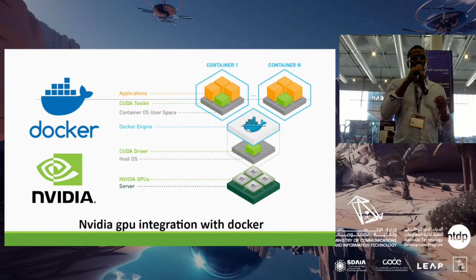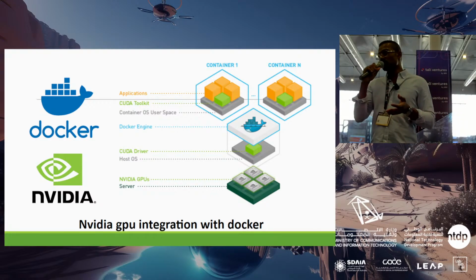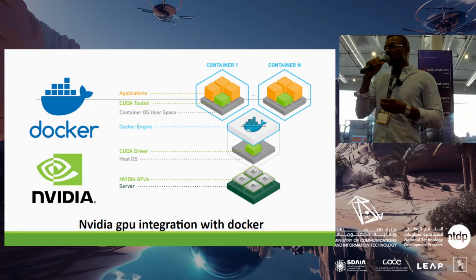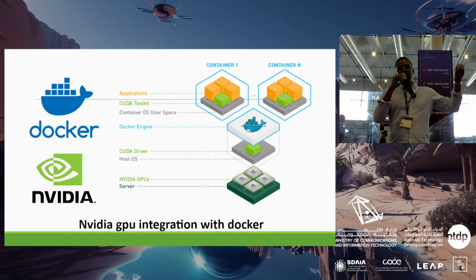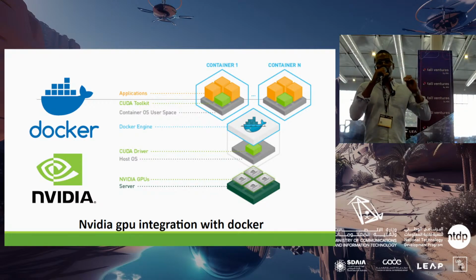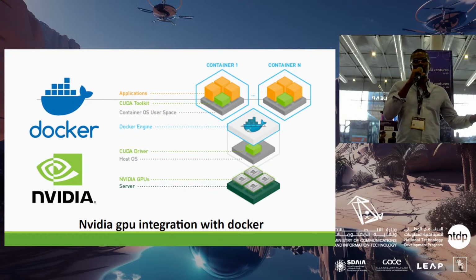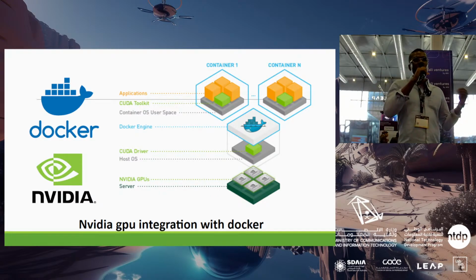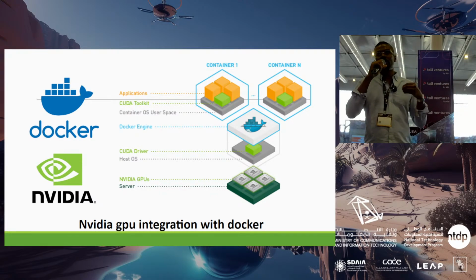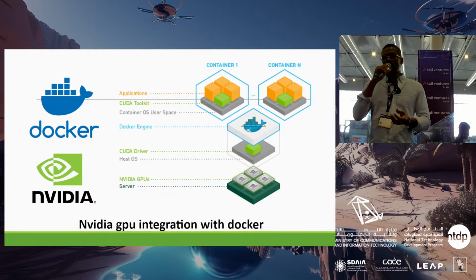NVIDIA recommends that you run the NVIDIA GPU in Docker containers, and basically you buy your NVIDIA GPU server, you install your CUDA drivers, you install Docker, and on top of that, you basically pull in NVIDIA containers and you develop your application in NVIDIA containers. And this is how more sophisticated production grade generative or just AI in general is deployed, right? So if you're really serious about AI and you're really deploying AI in production, this is how it's recommended by NVIDIA to deploy your AI.